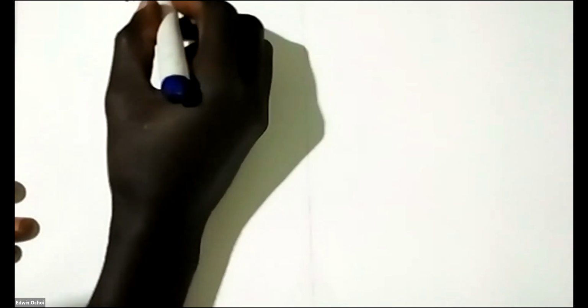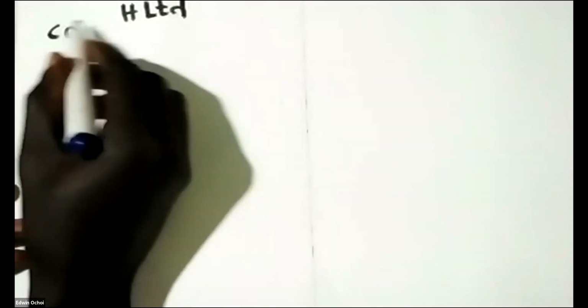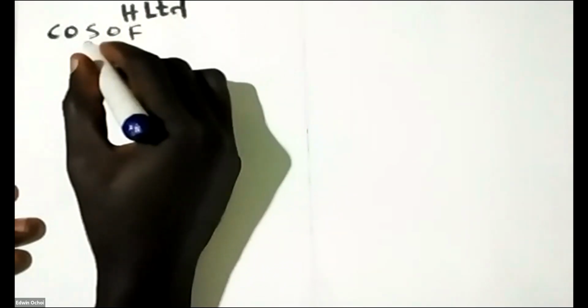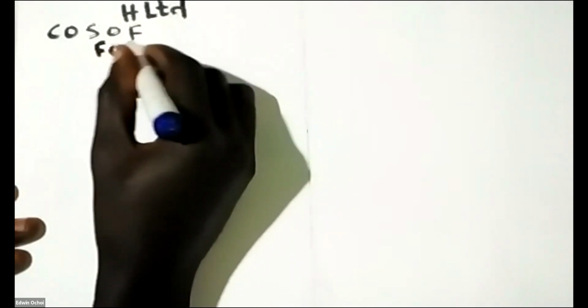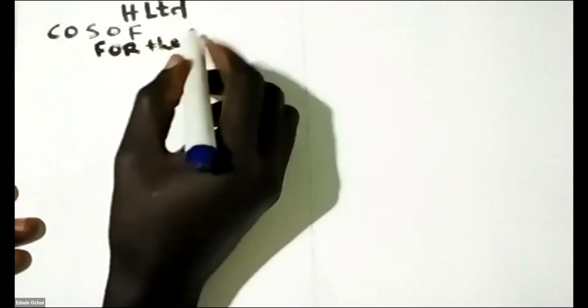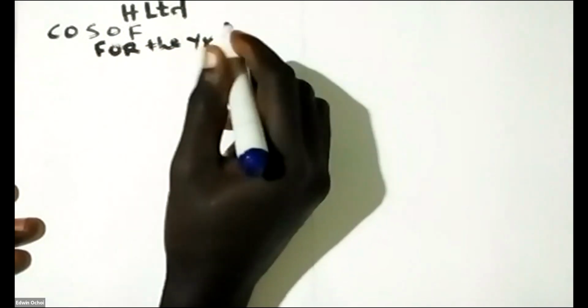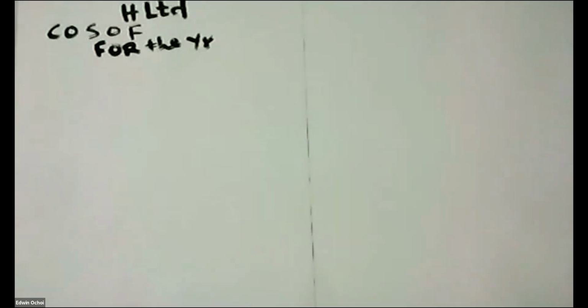We have to talk about H Limited. So consolidated statement of financial position. I will write in short. Consolidated statement of financial position. So for the year, not for the year, but as at.